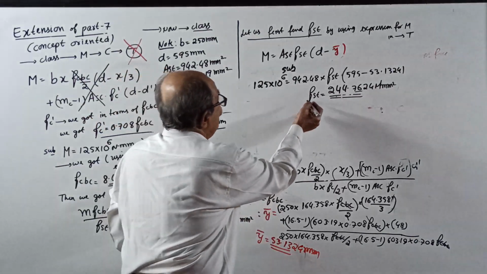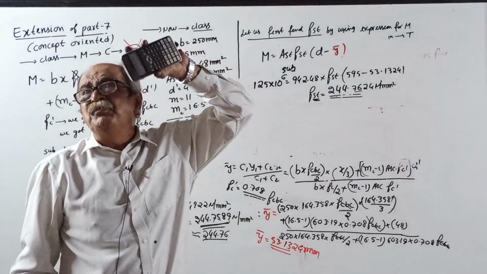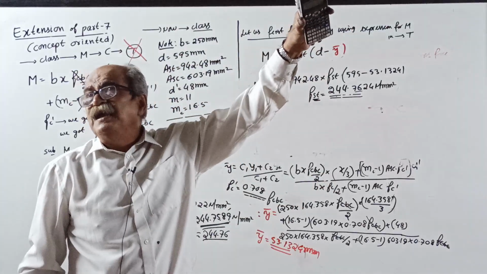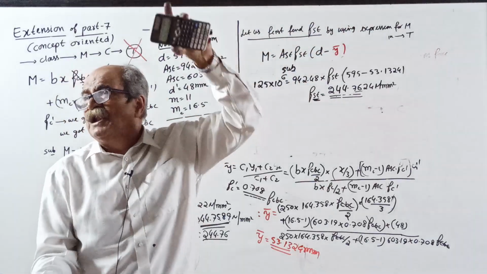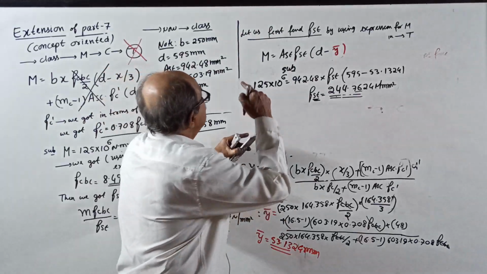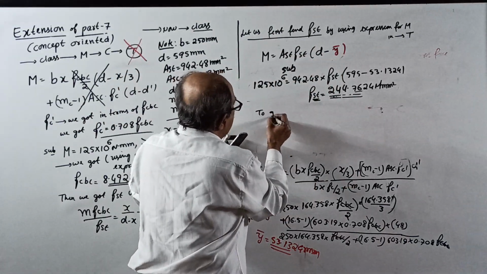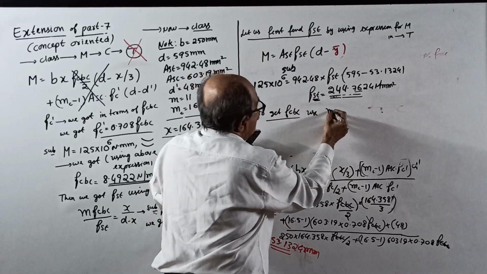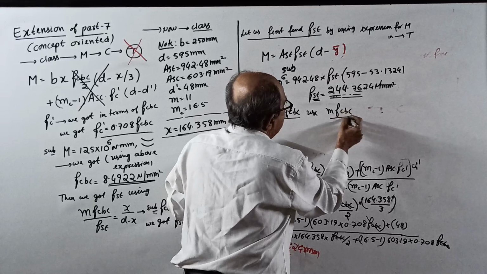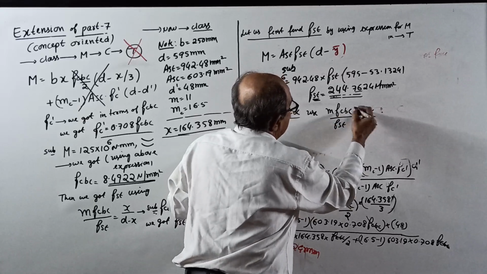Now, lastly, once you get FST: last time, using M in compression, we got FCBC, and using the relation we got FST. Now reverse. Using M in terms of tension, which you derived in the class, we got FST. To get FCBC, use the equation m FCBC divided by FST equal to x divided by d minus x.